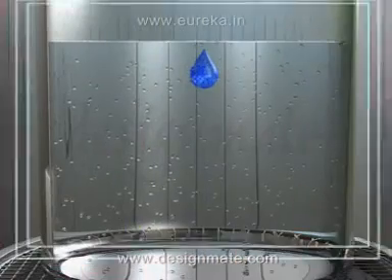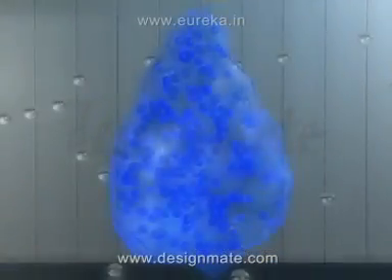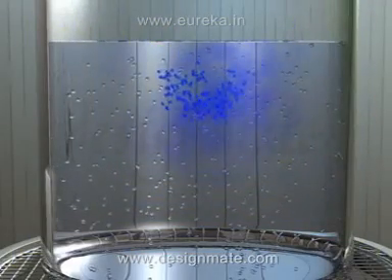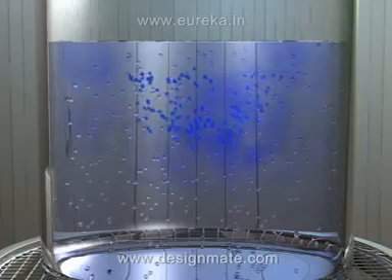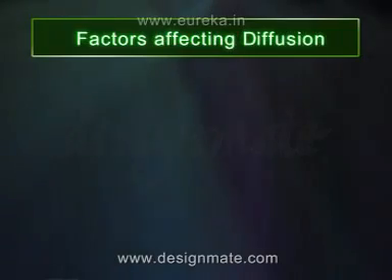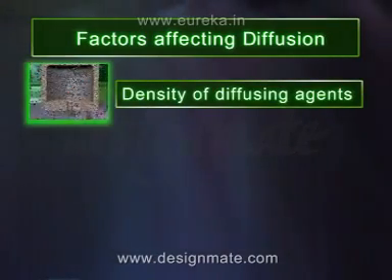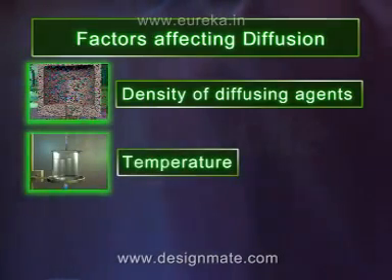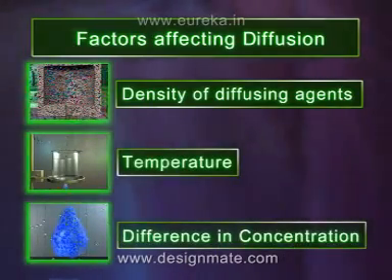Similarly, if the difference in the concentration between the two diffusing agents is more, it helps in increasing the speed of diffusion. Hence, the factors affecting diffusion are density of the diffusing agents, their temperatures, and the difference in their concentrations.